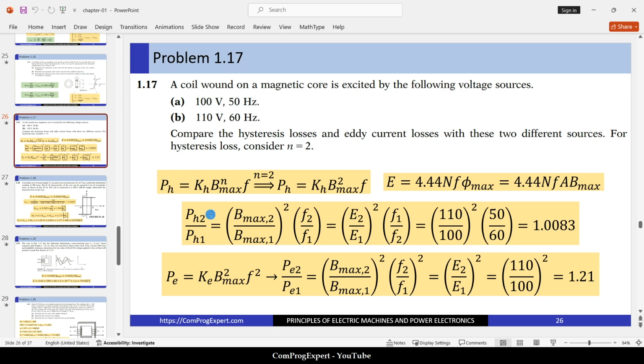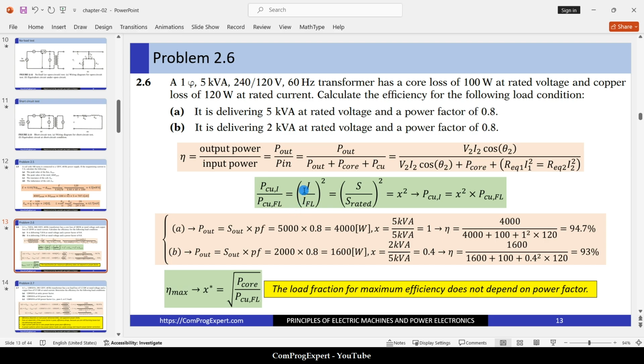So in this example, for parts A and B, the voltage is rated, the same as here, the number that we have for core losses. So core losses are the same for these two parts, and we can use this number. What about the copper losses? Copper losses depend on the load fraction. What is the load fraction?